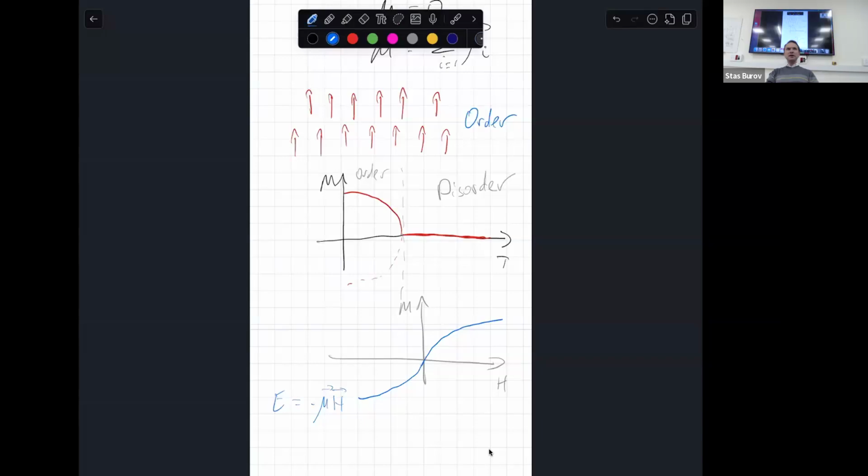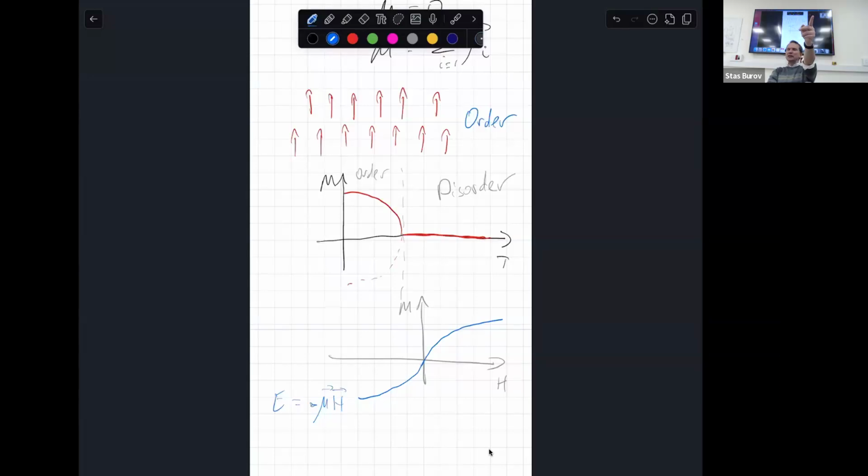What does it mean? Oh, I'm sorry, it's not minus mu h. It's mu h, with a minus. It means that I would like to be directed in the direction of the external applied field.